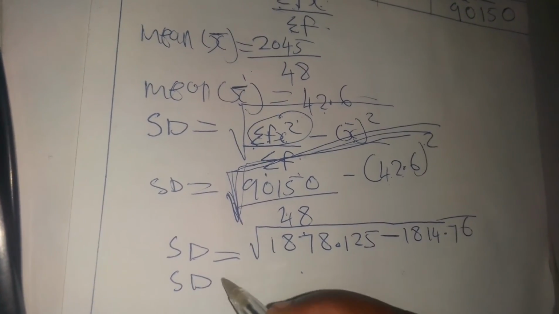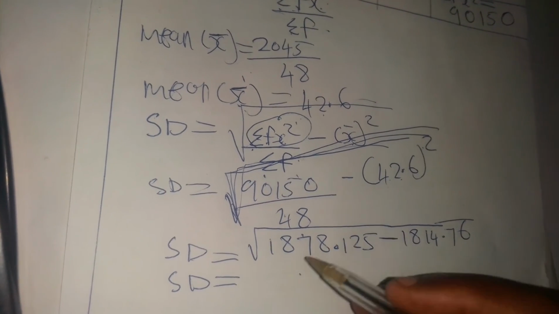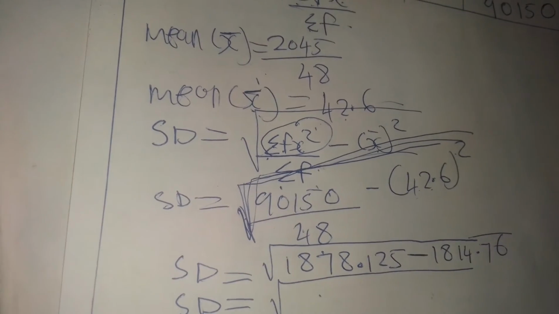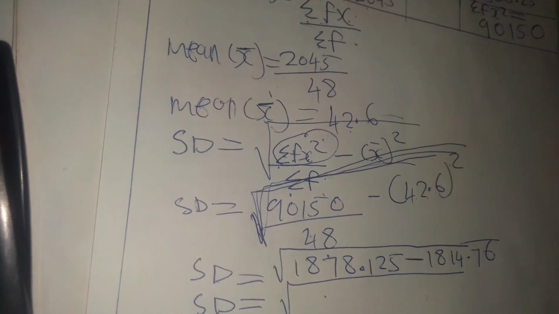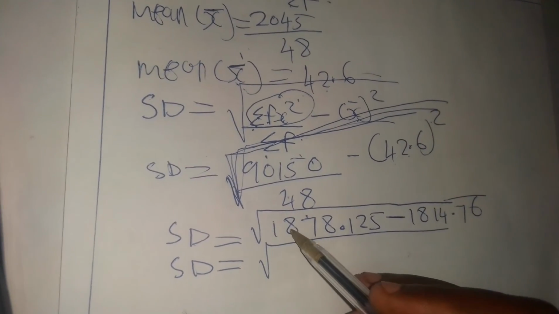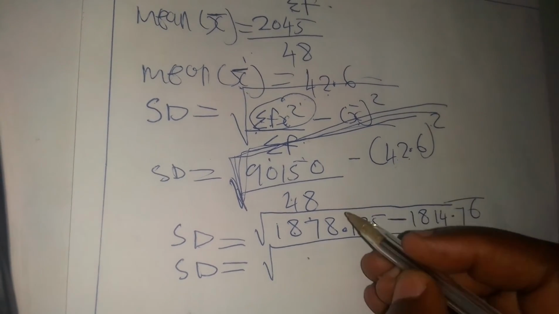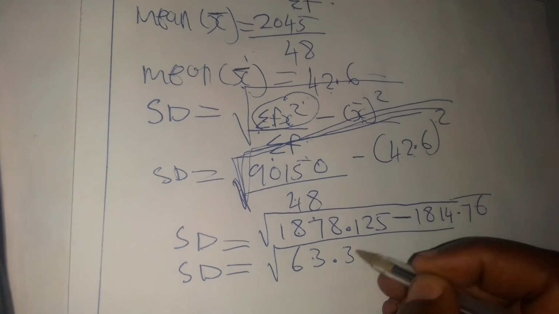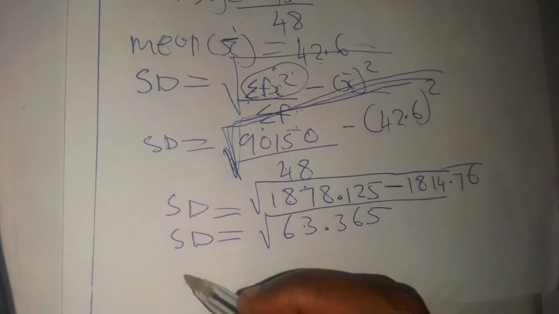The next thing now, we subtract. When we take away that, we are going to get 63.365.